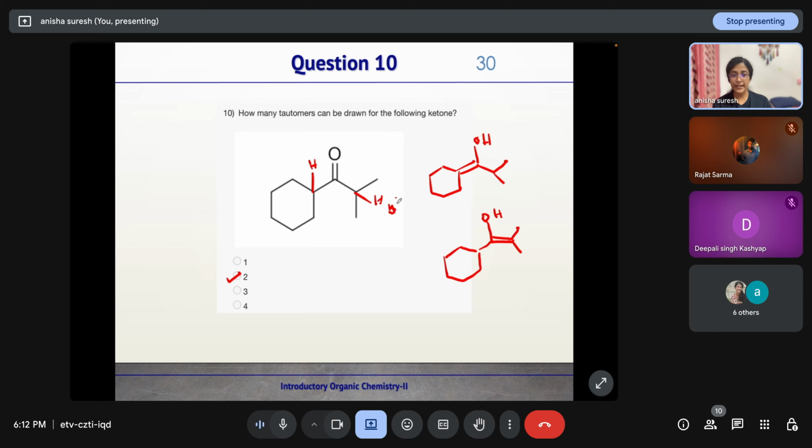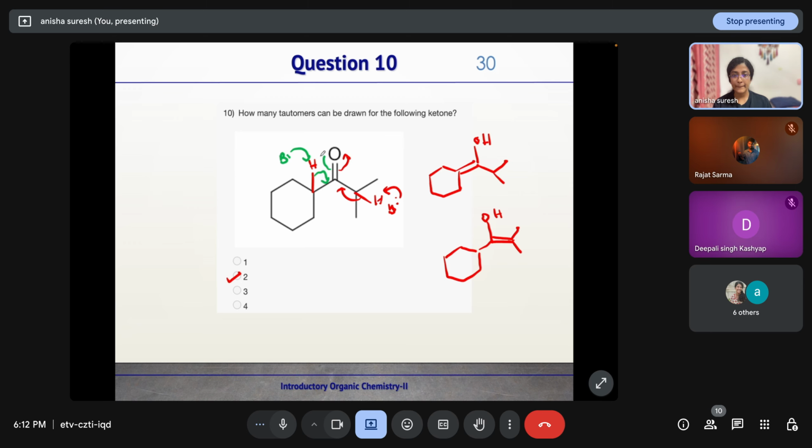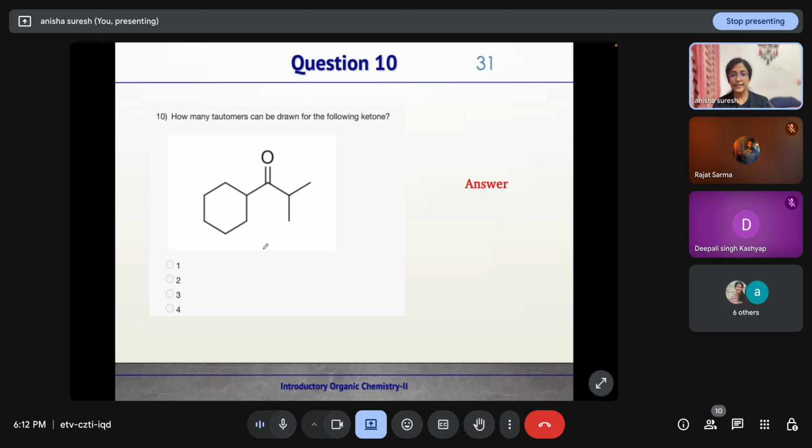Base can come and abstract the proton, leading to formation of enolate, and it can abstract a proton from the medium, leading to formation of enol. So two possibilities are there, so the number of tautomers present is 2. Clear? Okay, so the answer is 2.